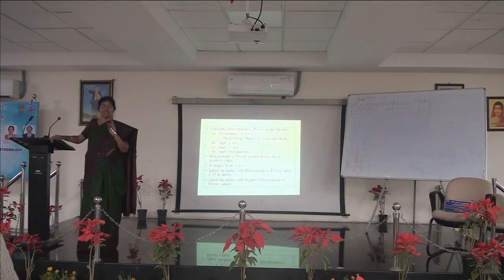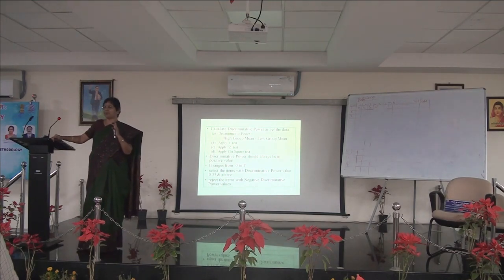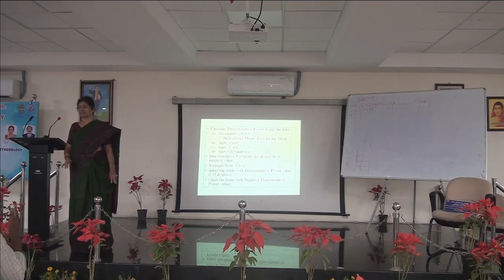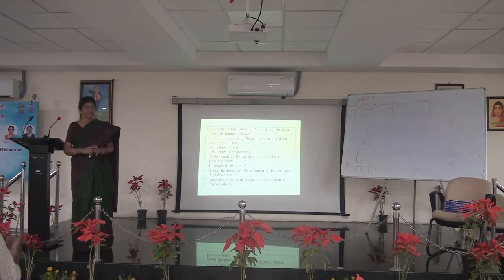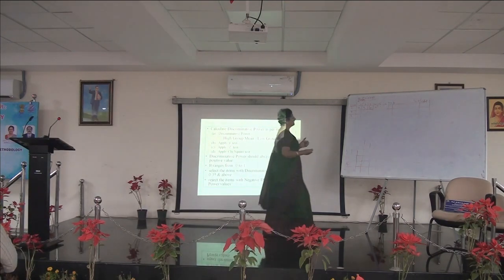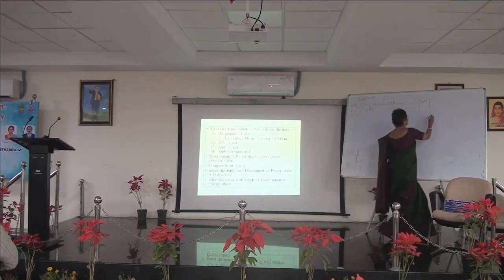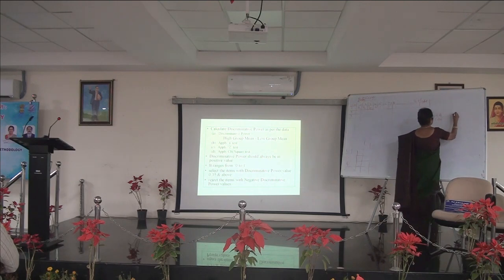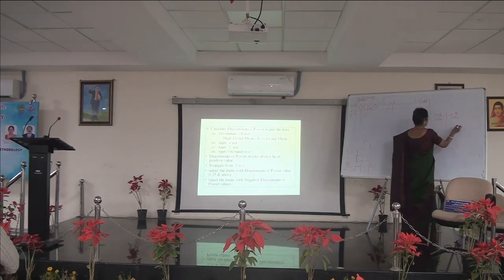R means you have to find out the correlation. With what are you correlating, to reject or retain? High group score, low group score, you find the correlation.